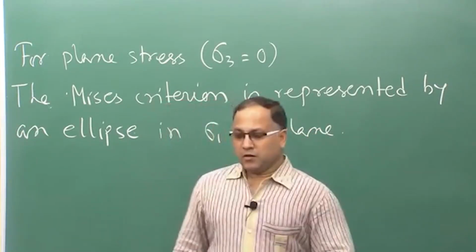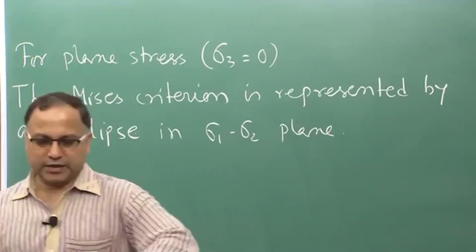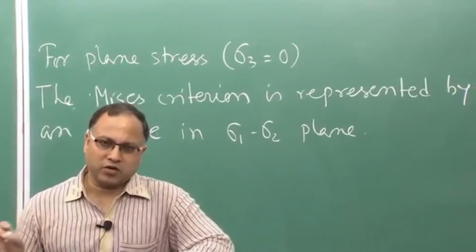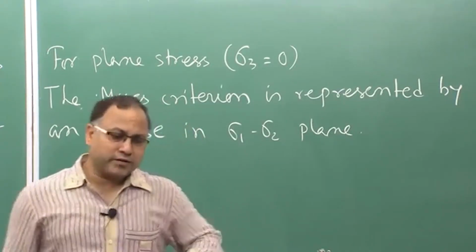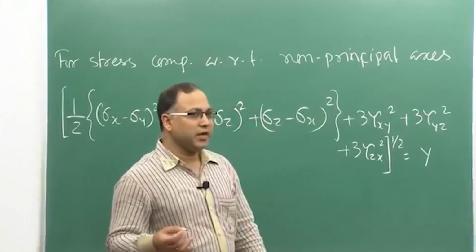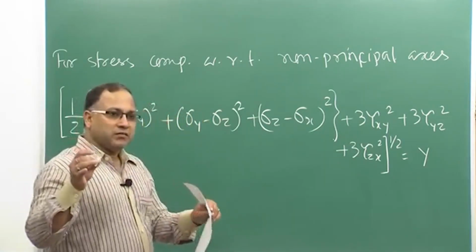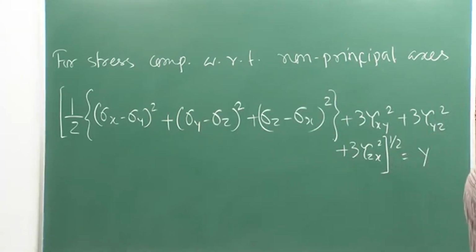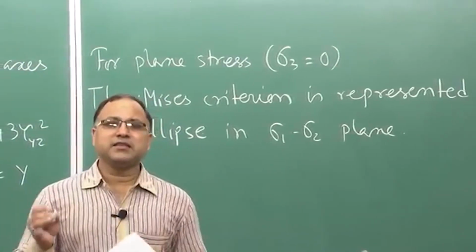Again it can be proved, however, this proof is a little bit lengthy and you need a little more background on that, so that is why we are not talking about it. But you should know what kind of shape the Mises criteria will take in the sigma 1 sigma 2 plane, because the equation given in the Mises criteria will represent some kind of geometric figure, and that is nothing but one ellipse.